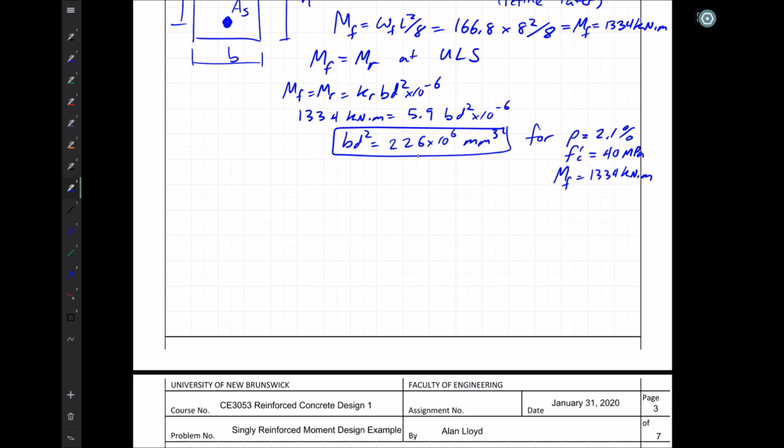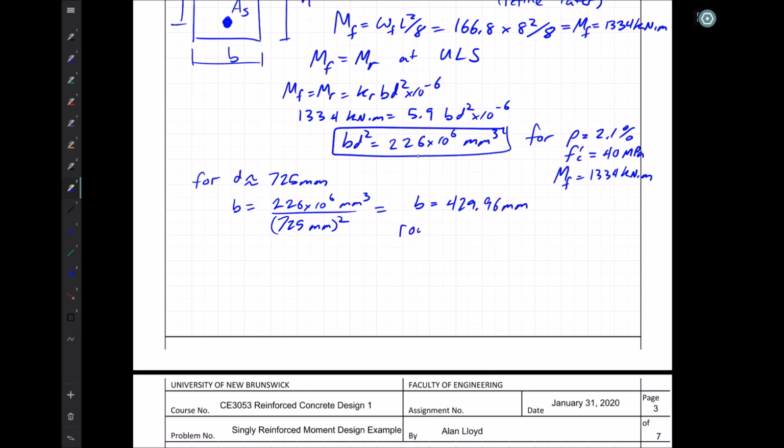Now, since we calculated for D is assumed to be equal to 725 millimeters, let's see what we get for B. B is going to be equal to 226 times 10 to the 6 millimeters cubed divided by 725 millimeters squared gives us a value of B is equal to 429.96 millimeters.